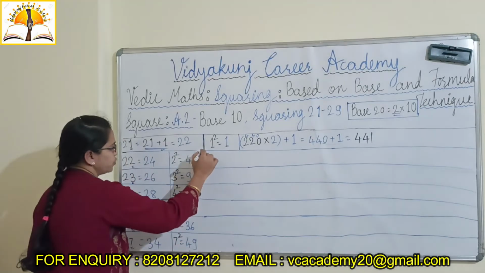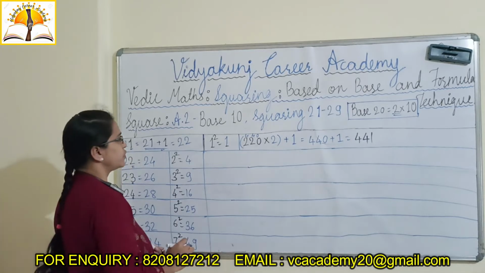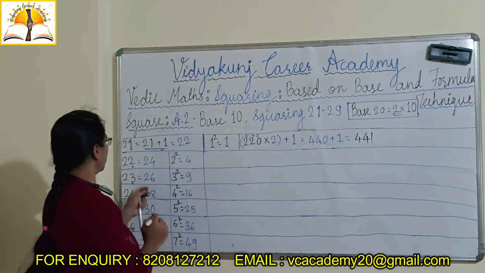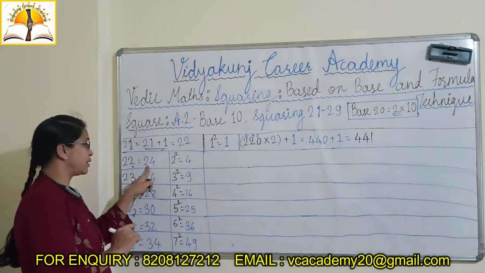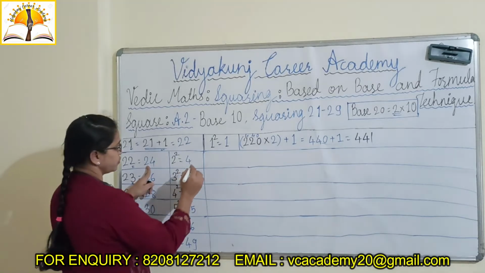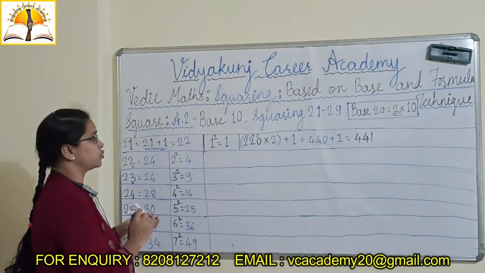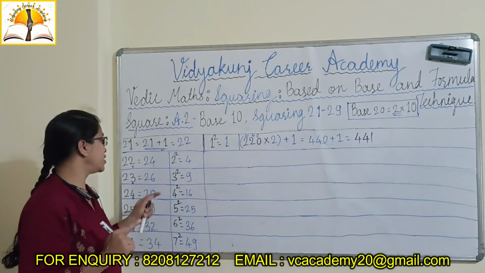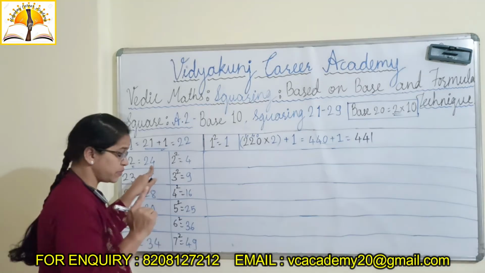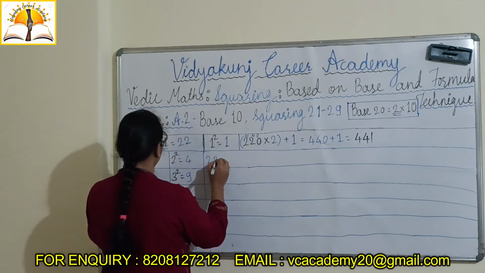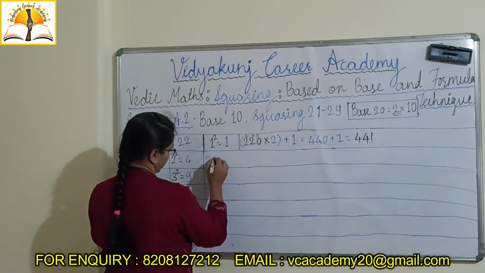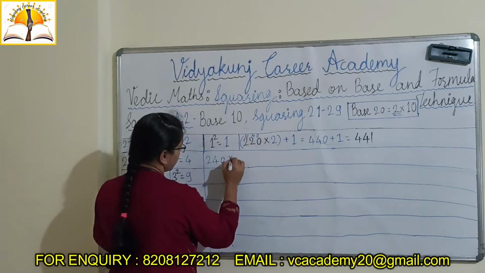Further what we have to do? Further we have to do this process. This one number we have to multiply by 2 by putting 0. Why do we have to take 0 here? Because we considered base as 10. So I will write 24 0 into 2.